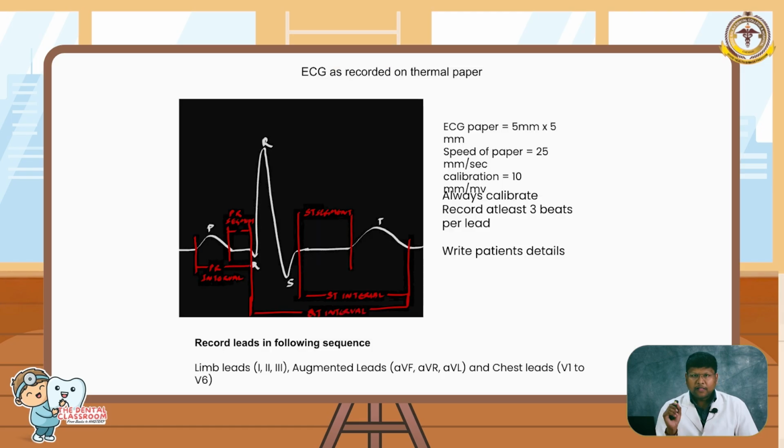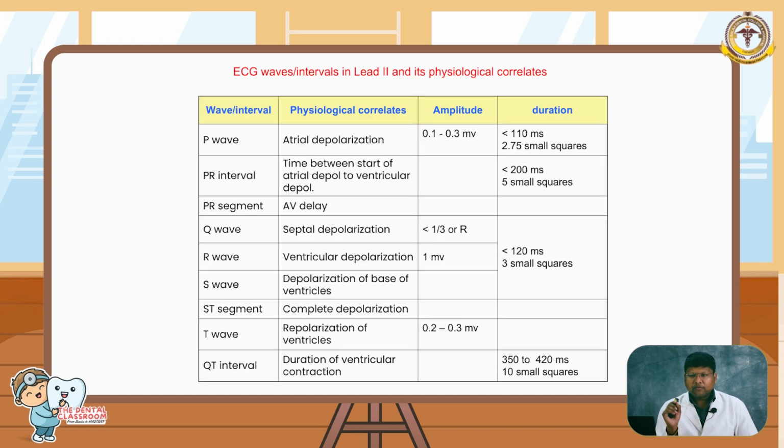This is an ECG pattern where you can see the plotted markings over the ECG paper: the P wave, QRS complex and T wave. Coming to the wave pattern, amplitude, duration and physiological correlation of the different waves.